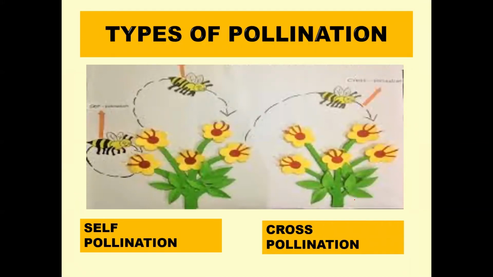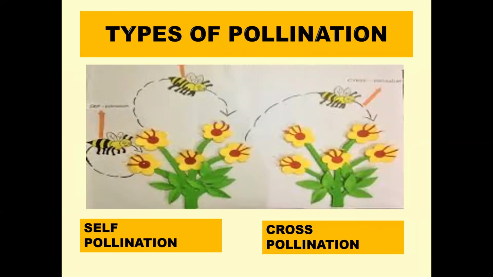Now just now we have seen that male gametes need to be transferred to the female gamete. This transfer of pollen grains from the anther to the stigma, maybe of the same flower, maybe of a different flower, is known as pollination.